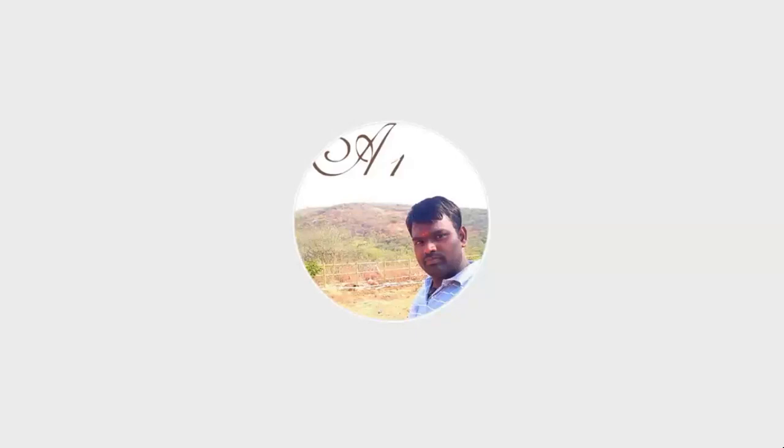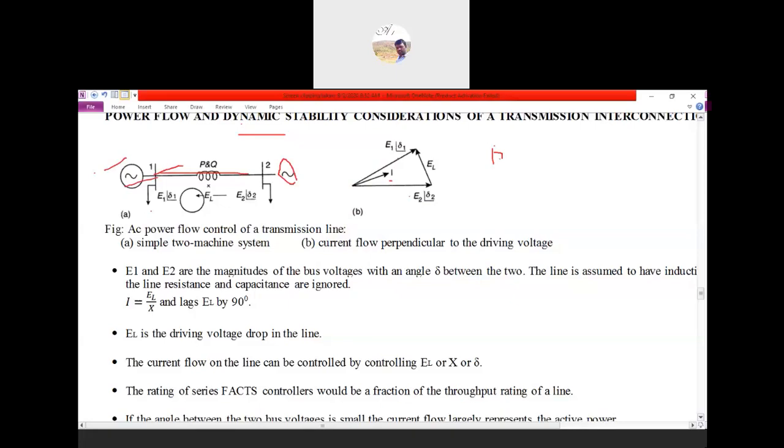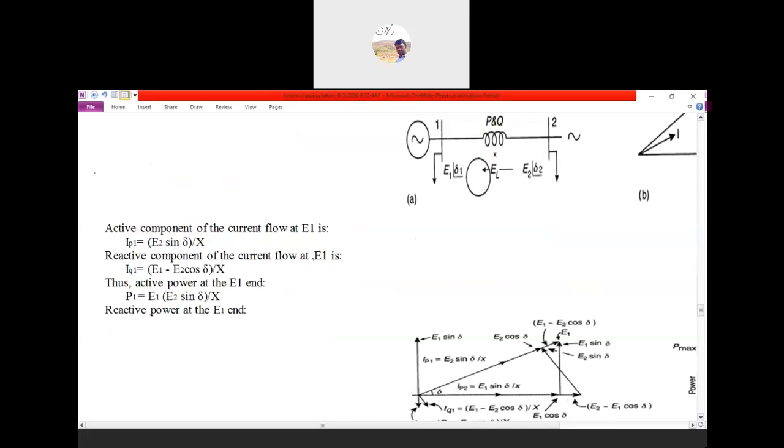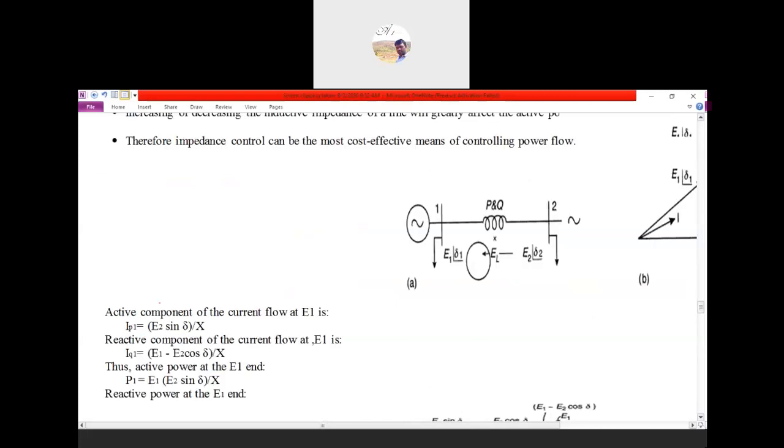If the frequency is not matched between the transmission lines, the bus bar and the generator, they should be in synchronism; only then can we transfer the power without any effect. If the frequency is not constant and the bus bars and generator are not synchronized, the total grid will collapse.